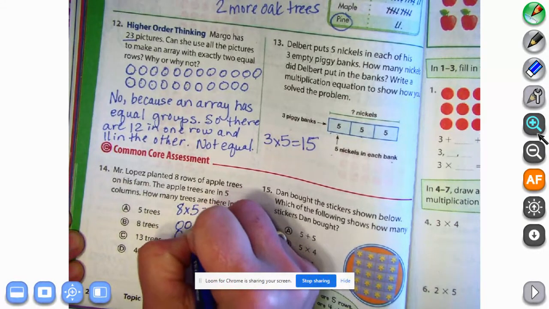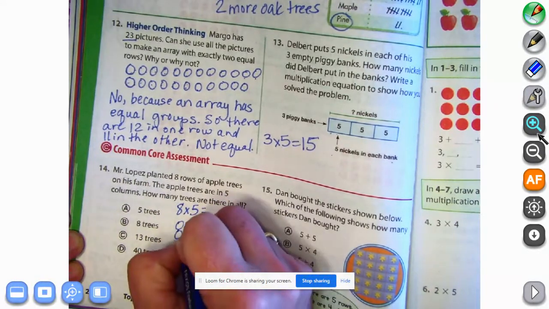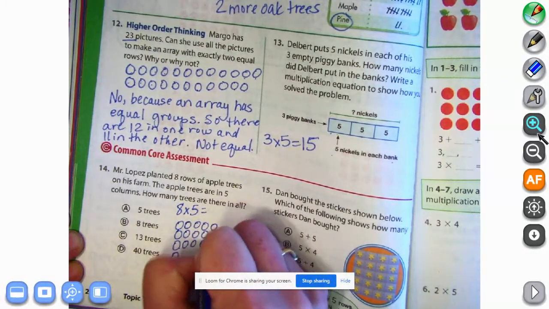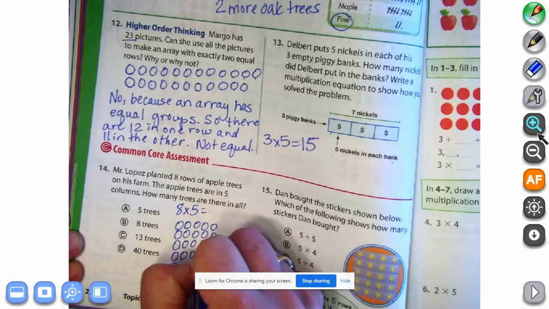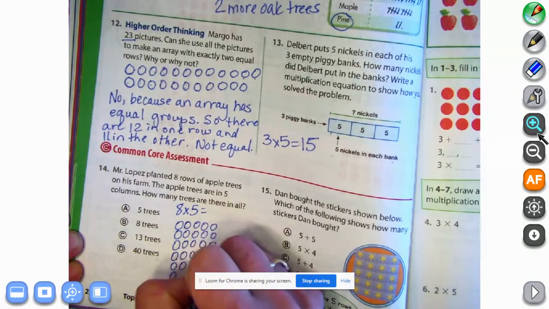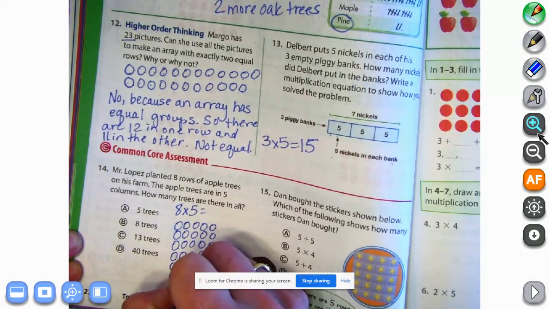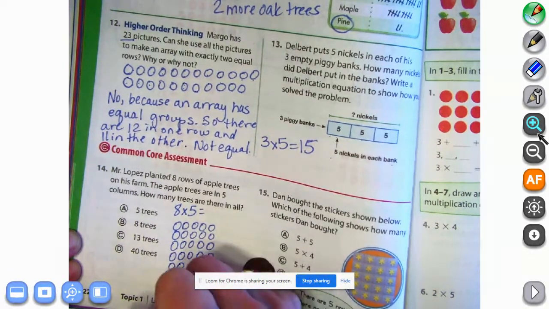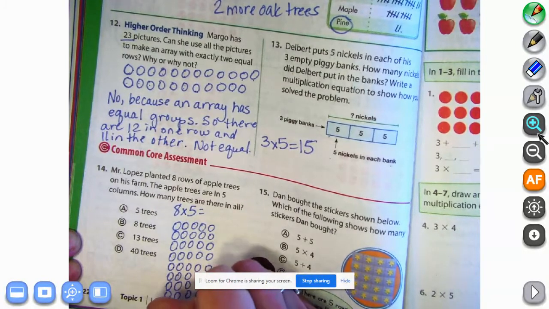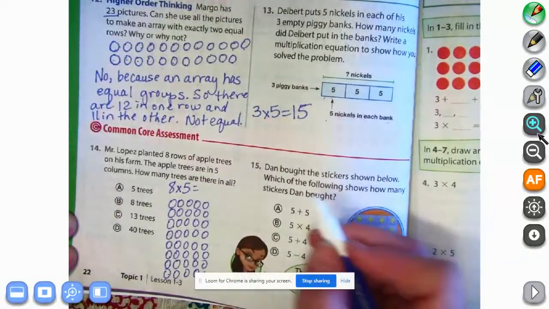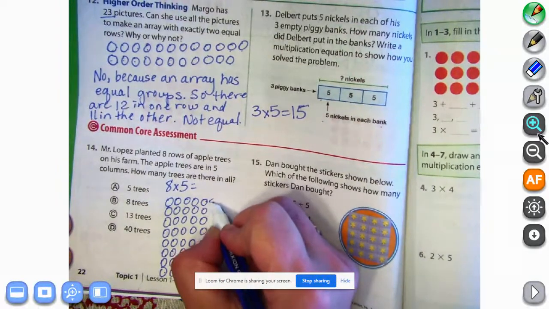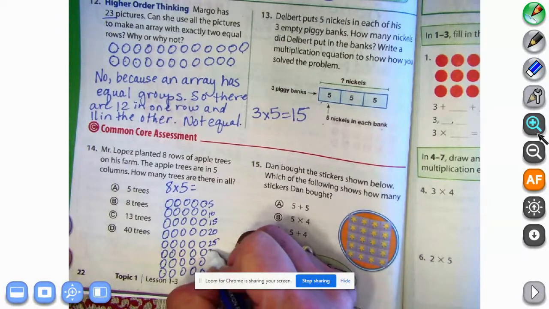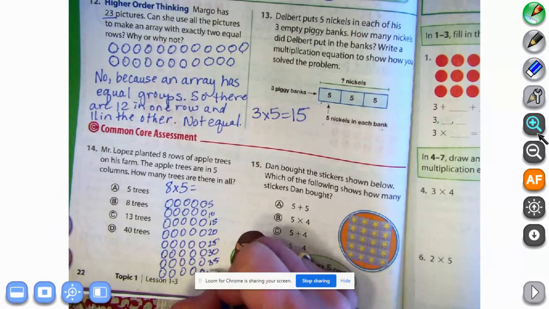In each row we count 1, 2, 3, 4, 5. Okay, we can skip count by 5. 5, 10, 15, 20, 25, 30, 35, 40.